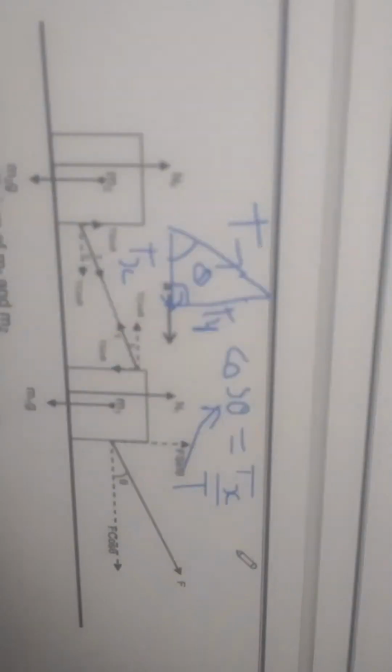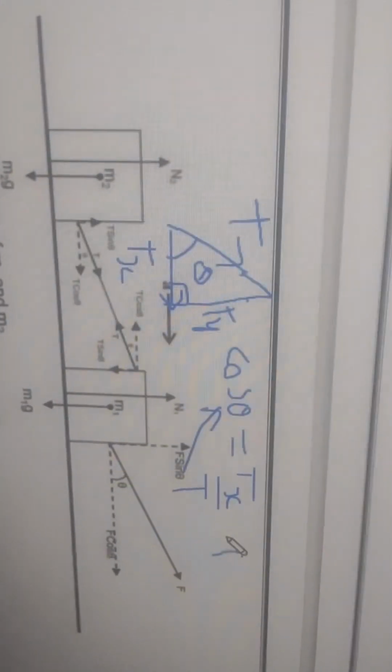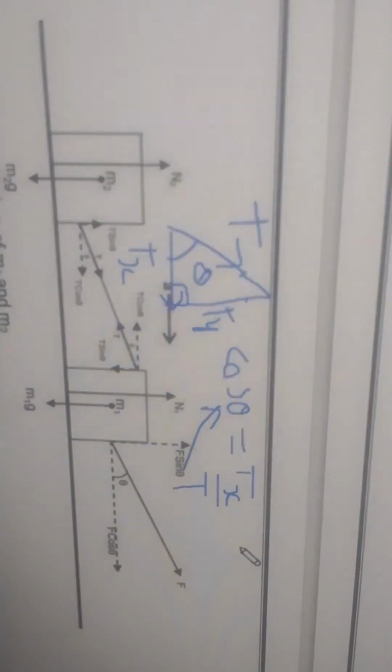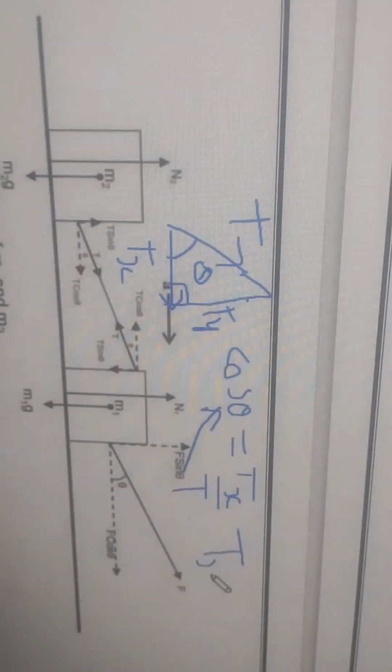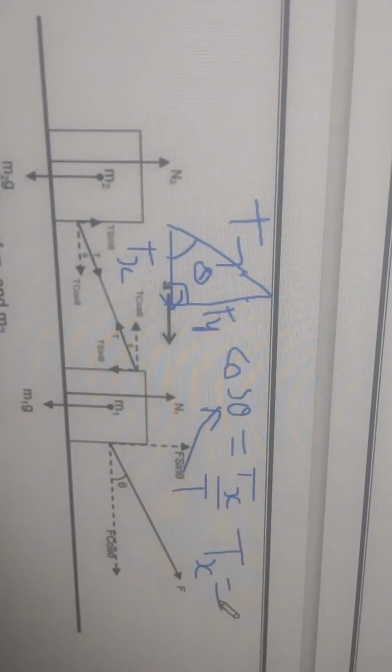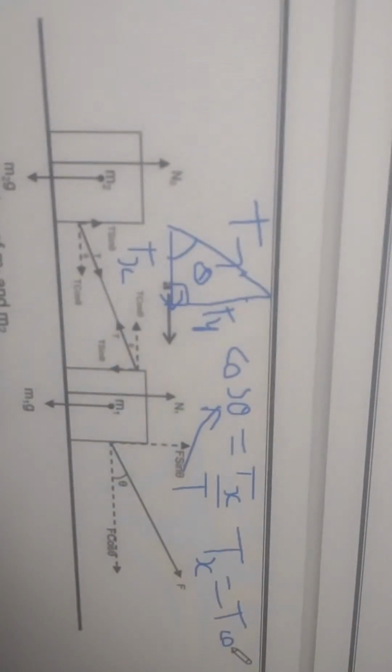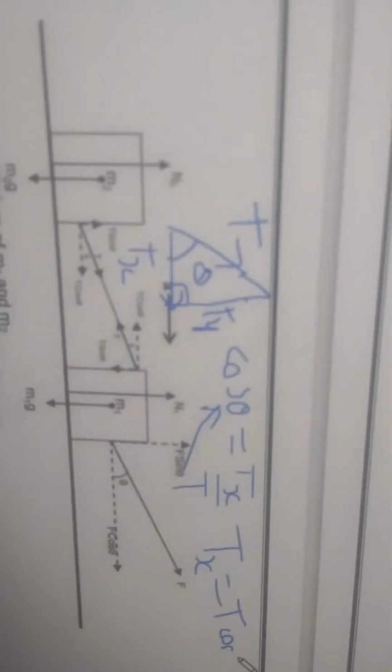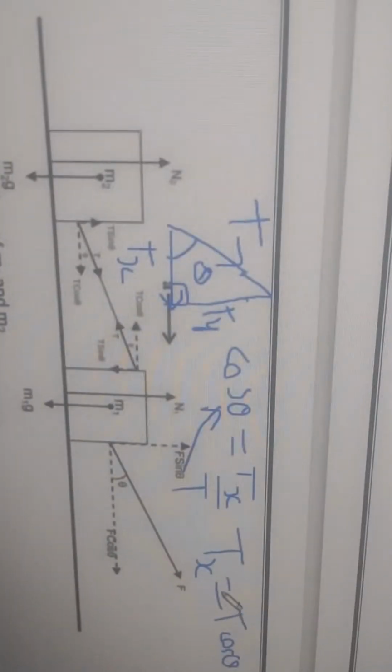So T of x is equal to T cos theta. So this is T of x we have found out, and already we had found out T of y.